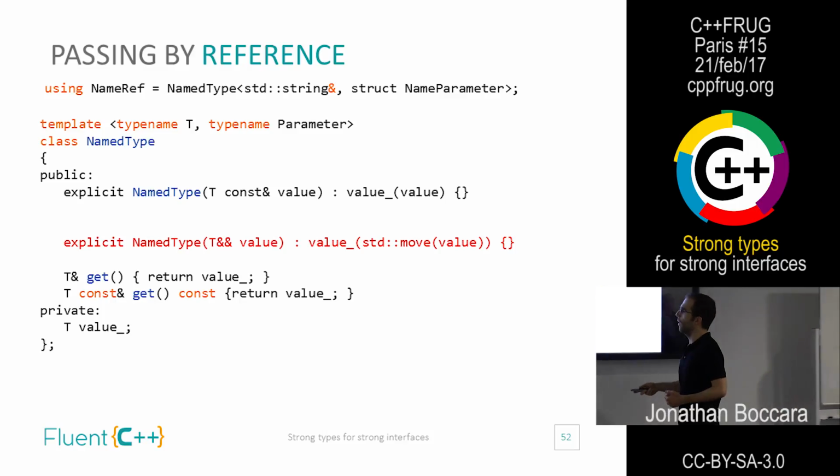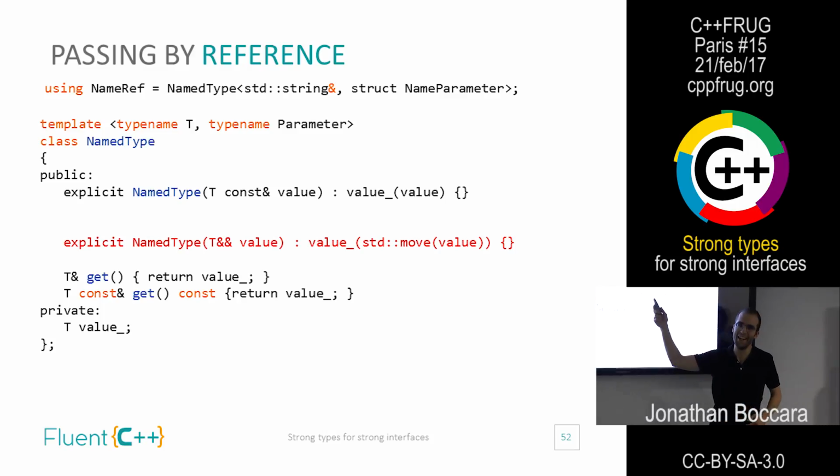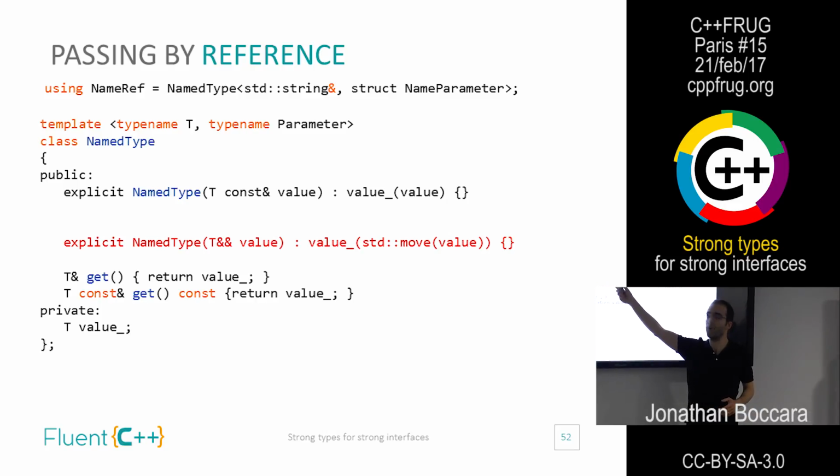So we end up with a tref and a T const ref, because a T ref const ref is still a T const ref, if that makes sense at all. But at the end of the day, we've got a constructor that takes a const tref, and another one that takes a tref, and that's ambiguous. So that just doesn't compile.